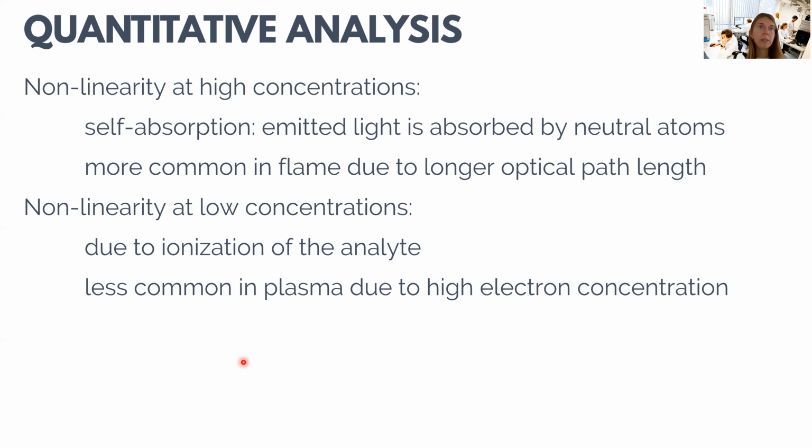And of course, again, this is less common in case of plasma due to the fact that in plasma we have a relatively high and constant electron concentration due to the ionization of argon in the source. This was shortly about emission analysis of different atoms, and we'll continue with atomic absorption spectroscopy.